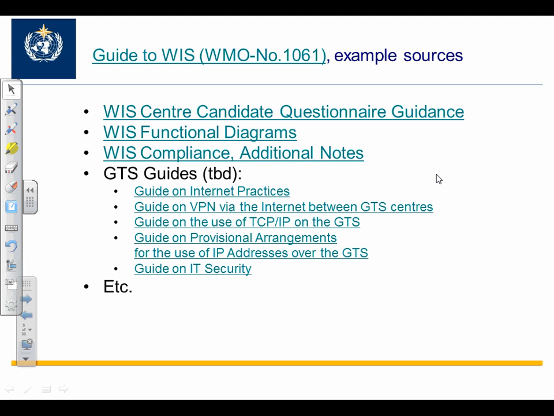Now, what about the guide to WIS, the WMO number 1061? Just in the same way as other WMO guides, the guide to WIS will not have the status of a technical regulation.